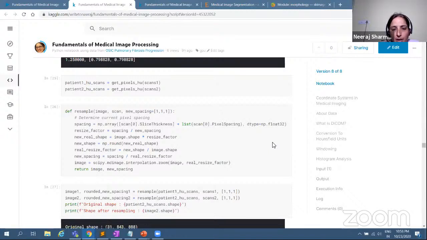Then resampled, resized images are another feature. Then lung volume is definitely a feature for this particular problem, because that is very much related with the FVC. So these are the typical features which we are capturing for this particular disease. And area also, the area of the lungs.